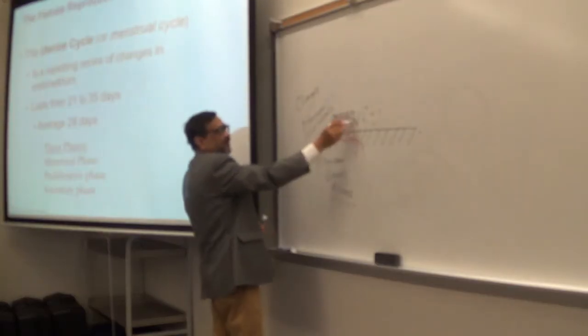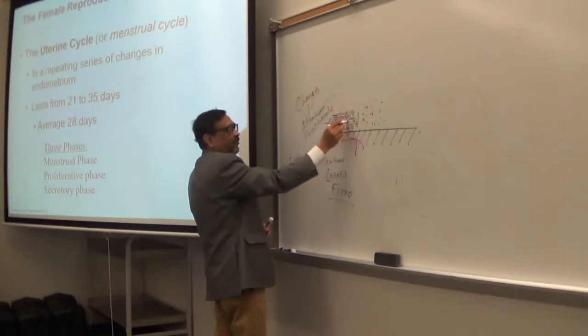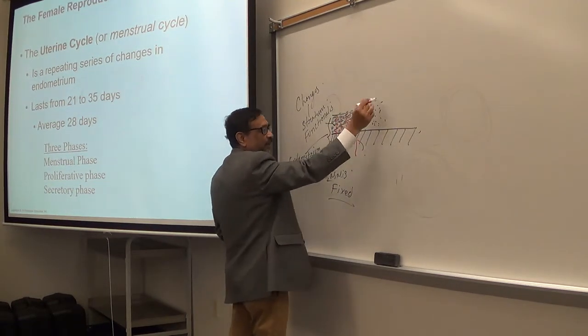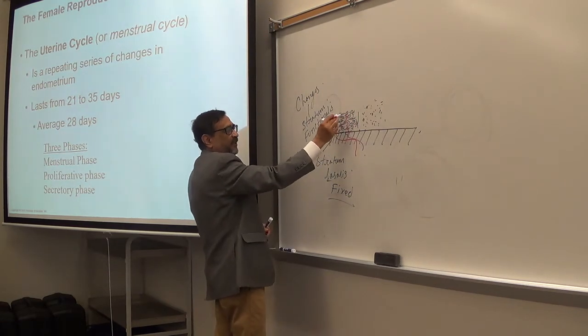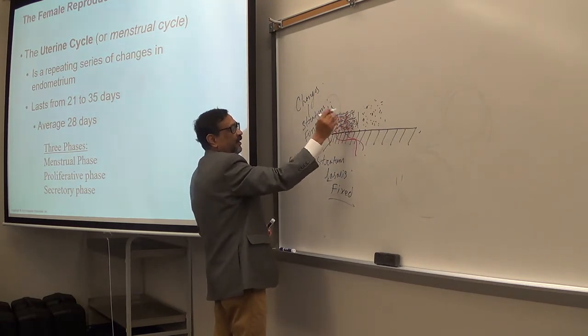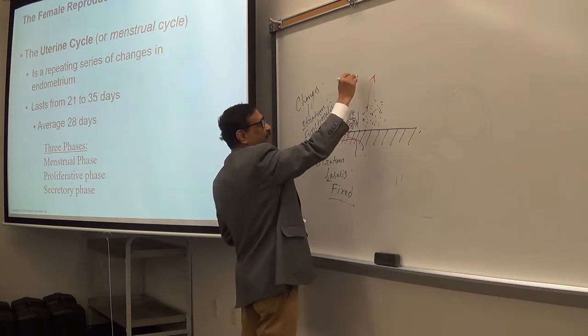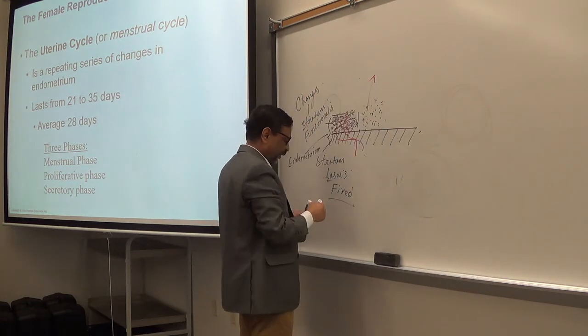Now, what are the things here? You have the blood vessels, so ruptured blood vessels, some blood will come out, broken tissue pieces, and glands. All those things will get out from the body. That is the menstruation.